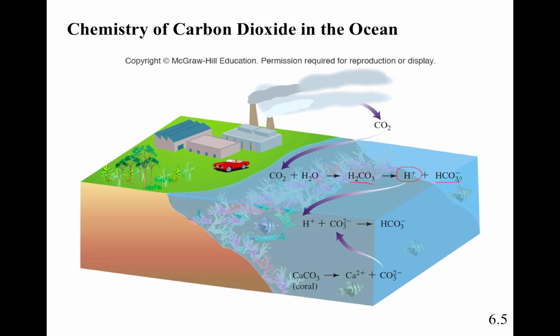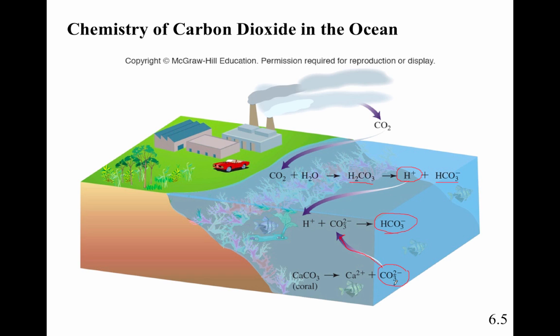In a buffer reaction, we have to maintain the equilibrium. So this increase in hydronium ions is going to decrease the pH. When the pH is decreased, then we need the carbonate ions to participate in this reaction so that we keep our bicarbonate concentrations relatively stable.